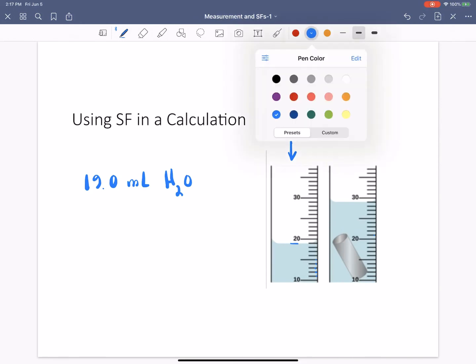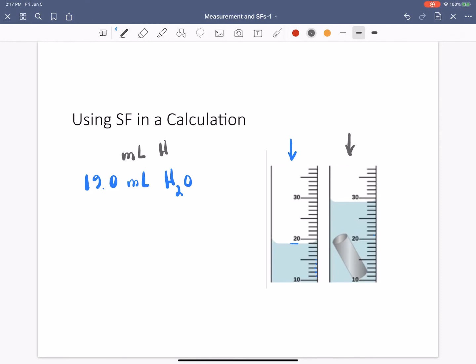And then I'm going to estimate, once we've added the object, what the volume of water and the object in it is. I'm going to call that 29.0 milliliters.